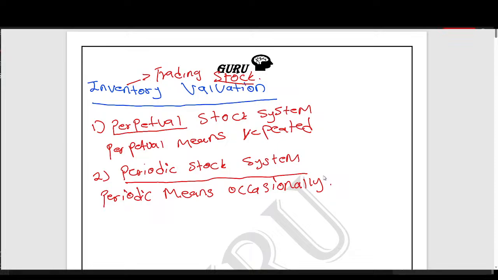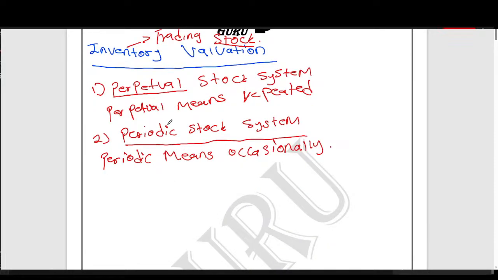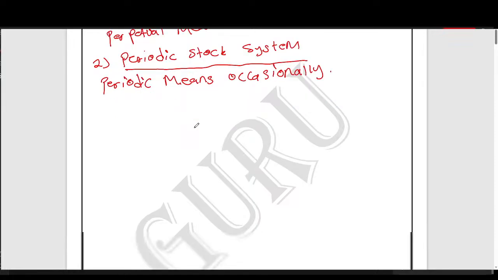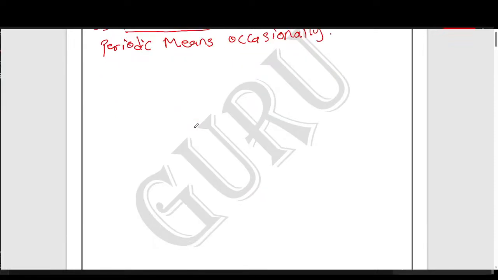All right. So now we can move into how to value our trading stock. That is our main purpose. So this was the introduction on the systems that the business can use. These are just the systems, they are not methods of valuing our stock. So fast forward now, we're going to look at the methods that we're going to use to value our stock.